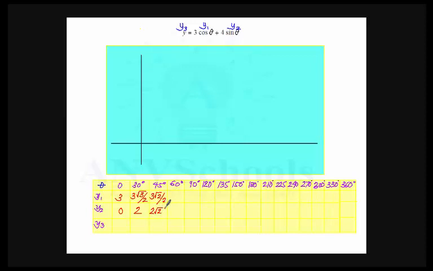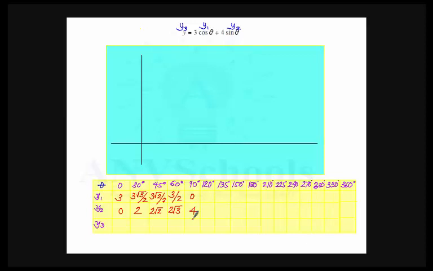Okay? For 60, our cosine is 1/2, so that would be 3 over 2. And sine 60, that would be 4 times square root of 3 over 2, so 2 square root of 3. For 90 degrees, our cosine will be 0 and our sine will be 1, so we have 4 here.